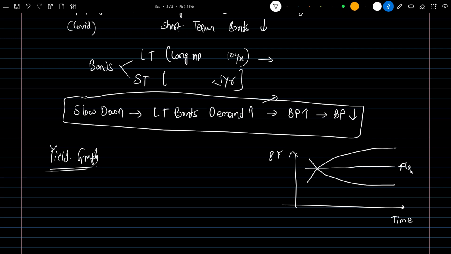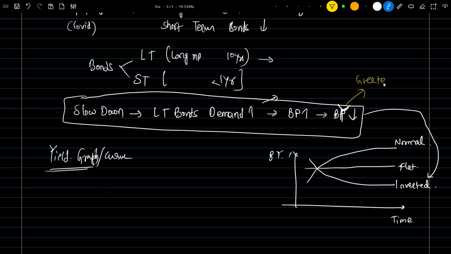This is called a flat yield curve, this is a normal yield curve, and this is an inverted yield curve, where bond yield decreases with maturity. So whenever there is a slowdown, there will be an inverted yield curve. Simply, in MCQs, with a slowdown in the economy, there will be an inverted yield curve.